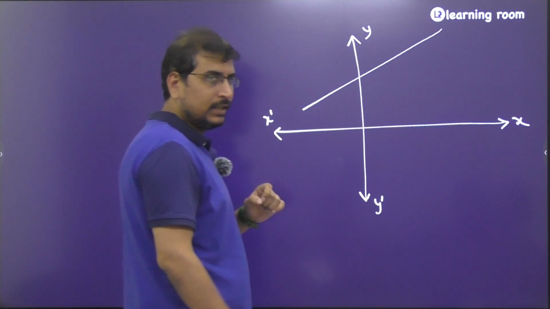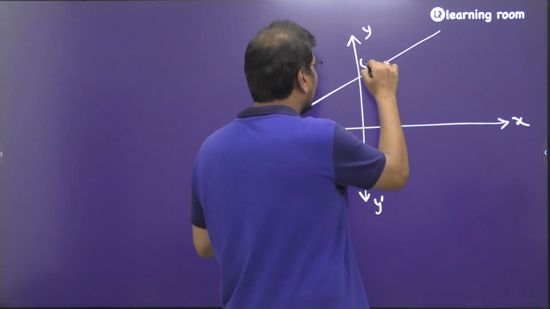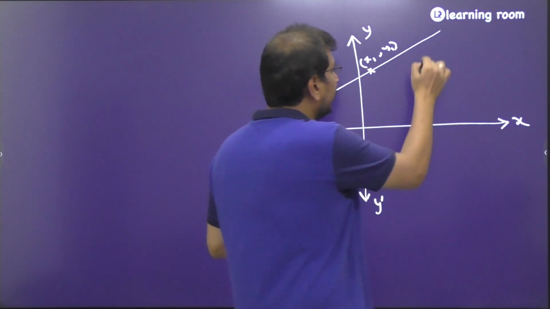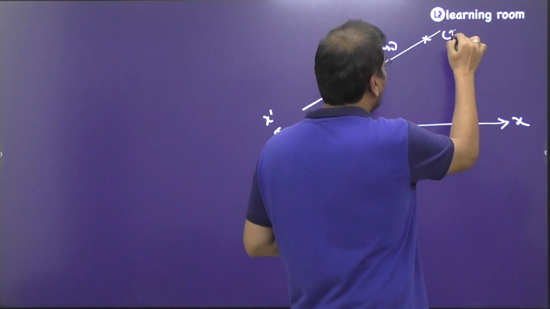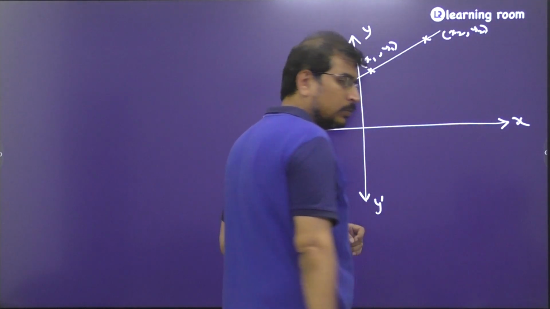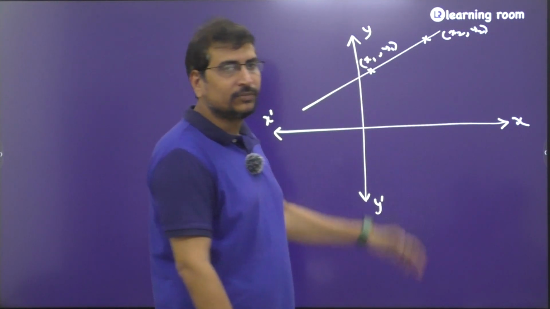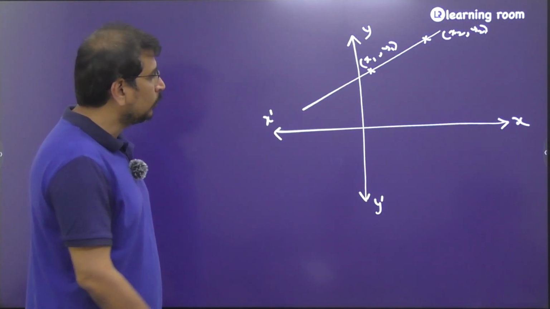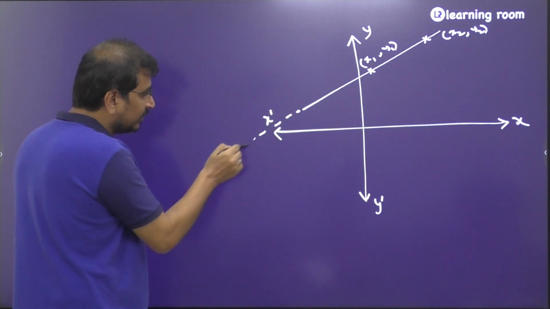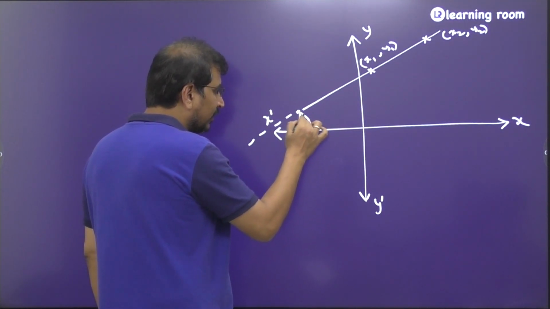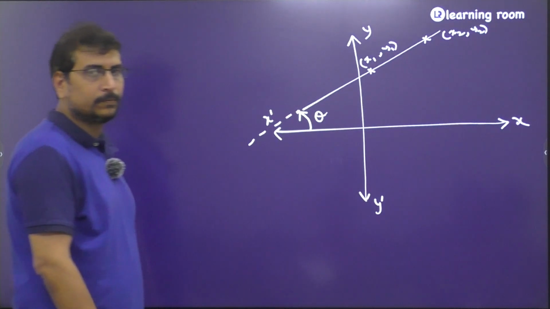On this line, I will take 2 points. Let me call one x1, comma y1, and the other point x2, comma y2. Now my job is to define the slope of this line. For that, I will extend it like this. Then I will see what angle it is making with respect to the horizontal.